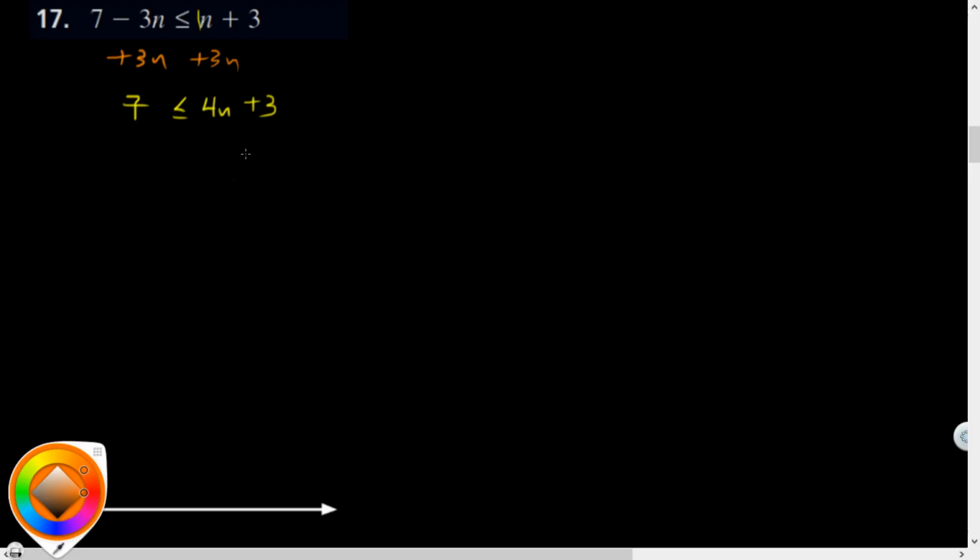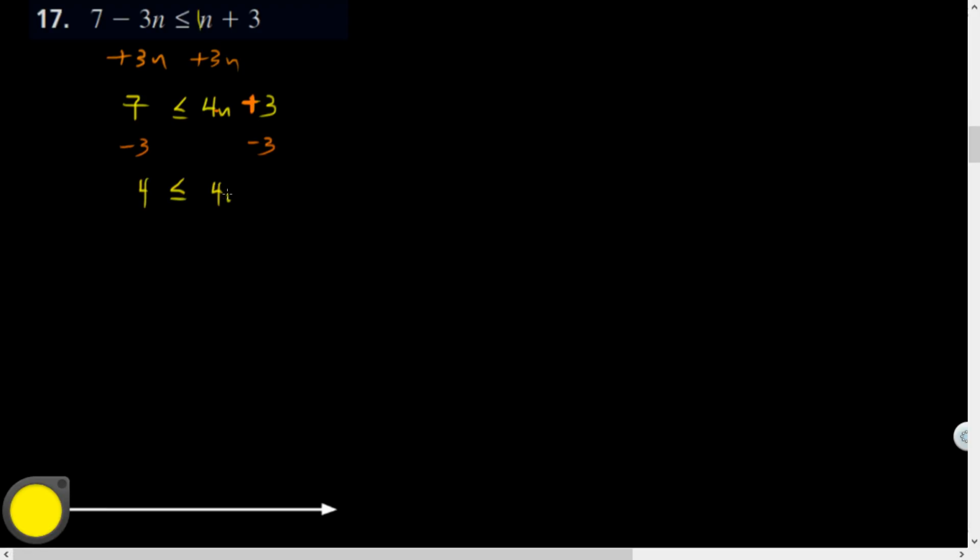And now when I get the n by itself, two things are happening to it. It's being multiplied by a number and added by a number. We do inverse operations in the reverse PEMDAS order. So I'm going to deal with that 3 first, and the inverse of adding 3 is subtracting. Right, so yeah, you guys can just absorb this knowledge.